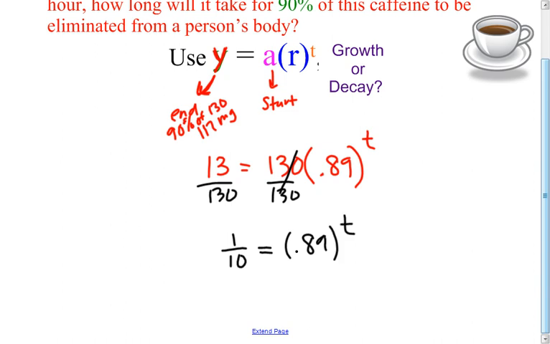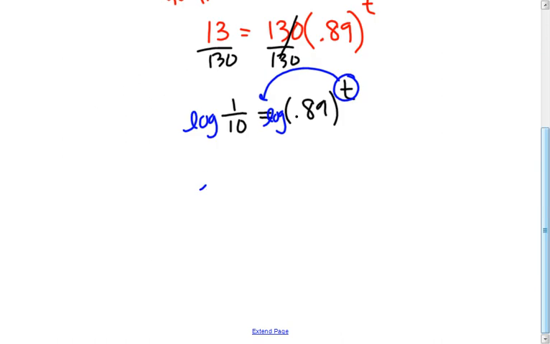And I can't get 1/10 and 0.89 as powers of the same number, so I will take the log of both sides. And I will also remember that this t then can come out in front. So I will have the log of 1/10 equals t times the log of 0.89.